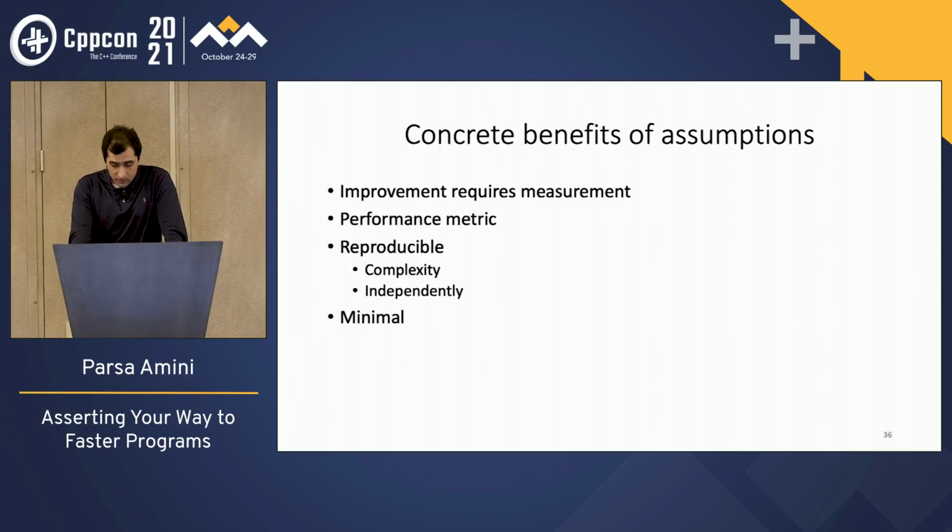A case study that would show assumptions help must convincingly demonstrate at least one performance metric that improves. And we also would like to have a case that is minimal and easy to reproduce, easy to reproduce experiments to strengthen the case.